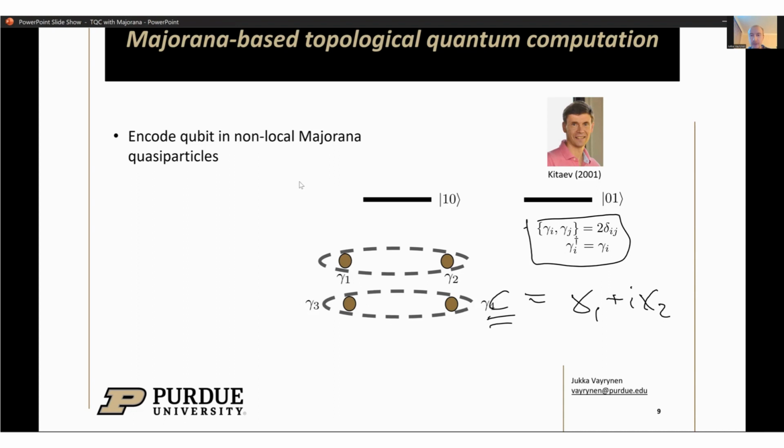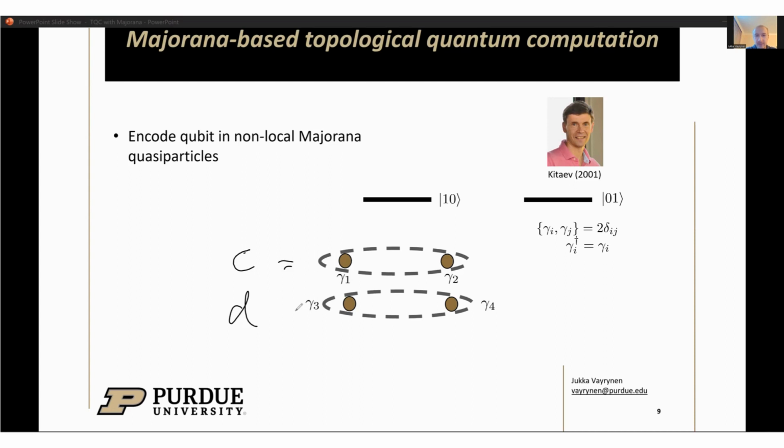Here you can overcome this problem by just taking another pair of Majoranas, which gives you another fermion. So now you have two fermions, c and d, let's say. And then you can label your qubit states, for example, by 1, 0 and 0, 1.